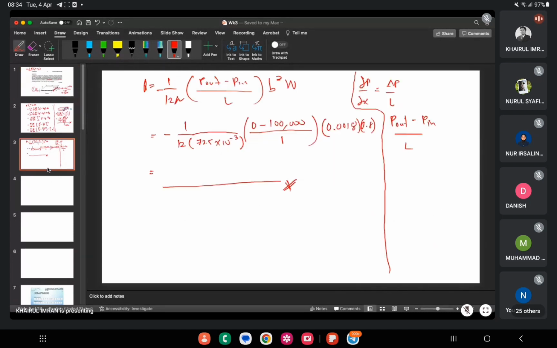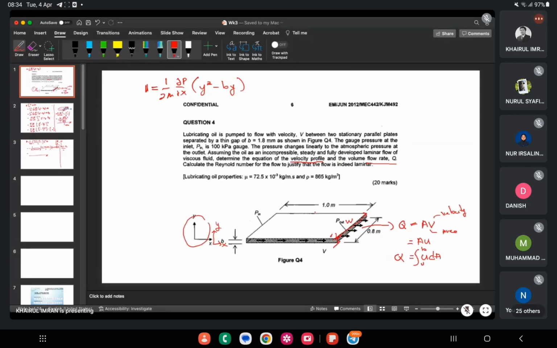So this is B cubed. 0.8 is the width of the plate.